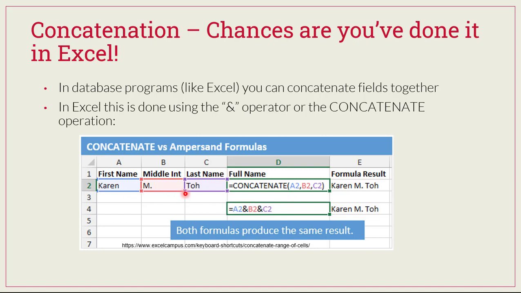If you have these 3 fields, first name, middle name, and last name, you can use the concatenate method to combine them, and you just list the order of your fields, A2, B2, and C2, to get this result. Or you can use that ampersand operator to combine all of these fields together to get the exact same result. So this is how you would do it in Excel. We're not going to do this in our class, but I want you to see this because if you've already done this, you're already a pro at concatenation.